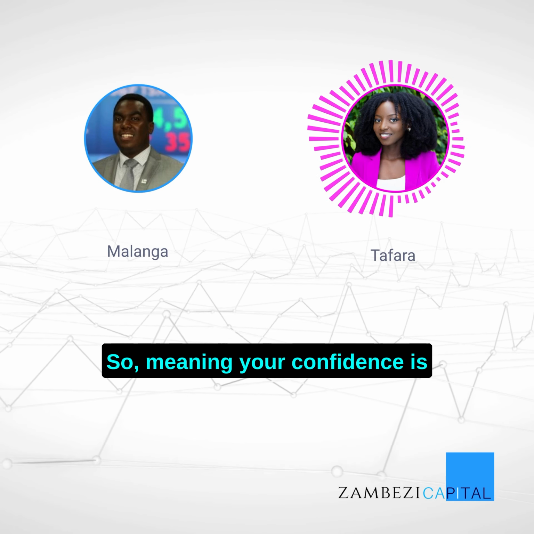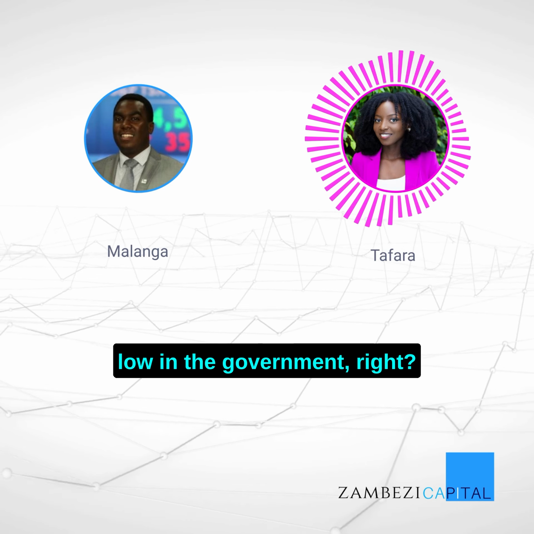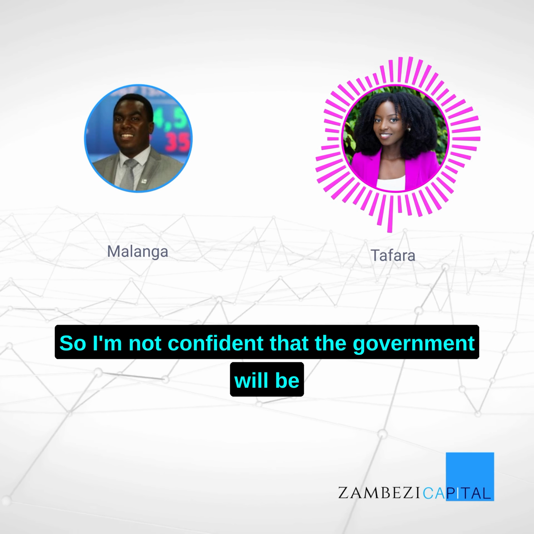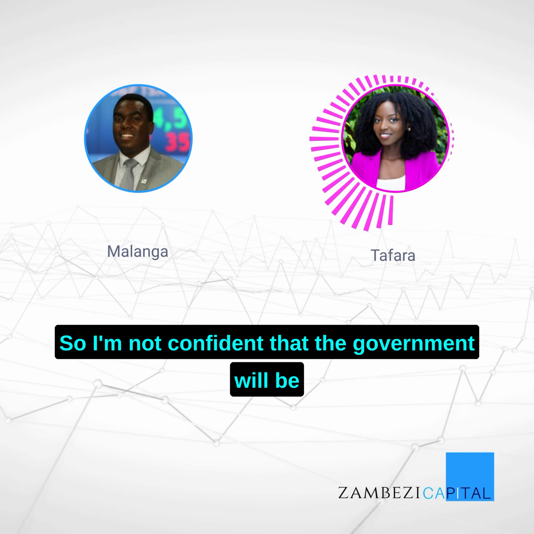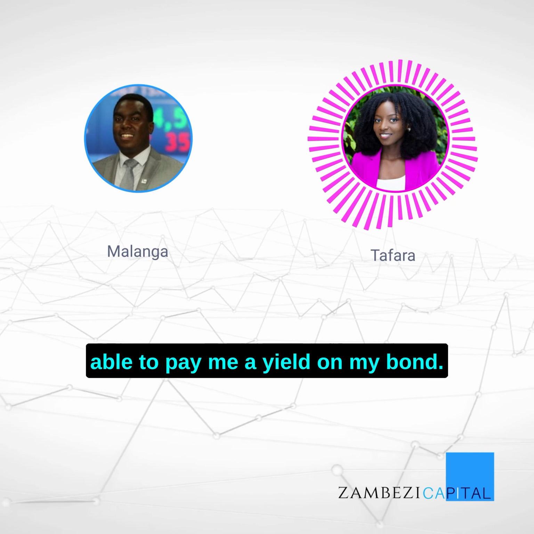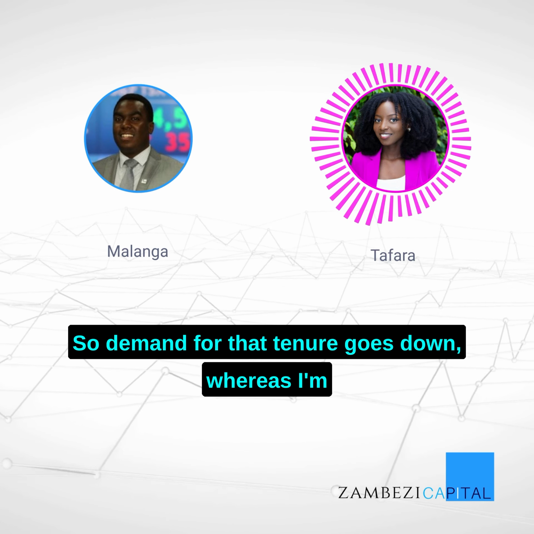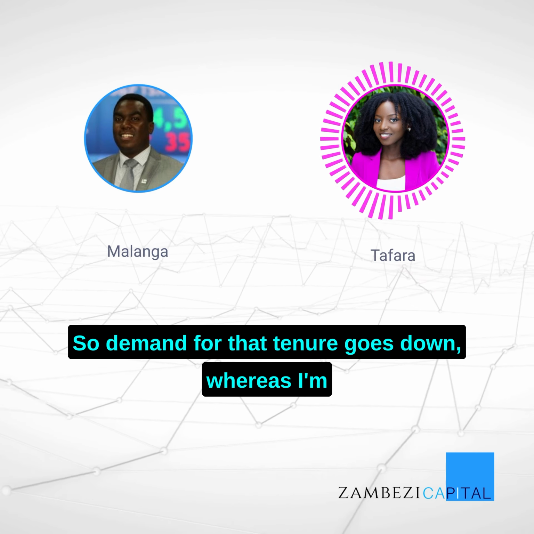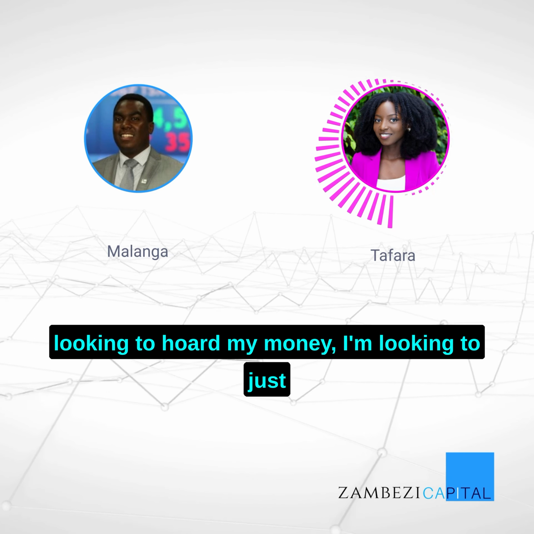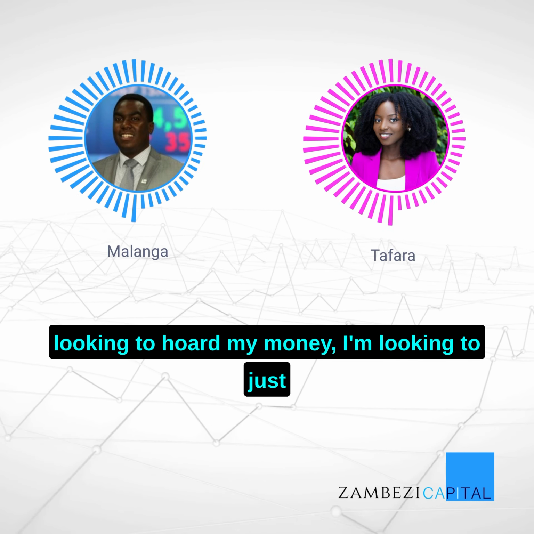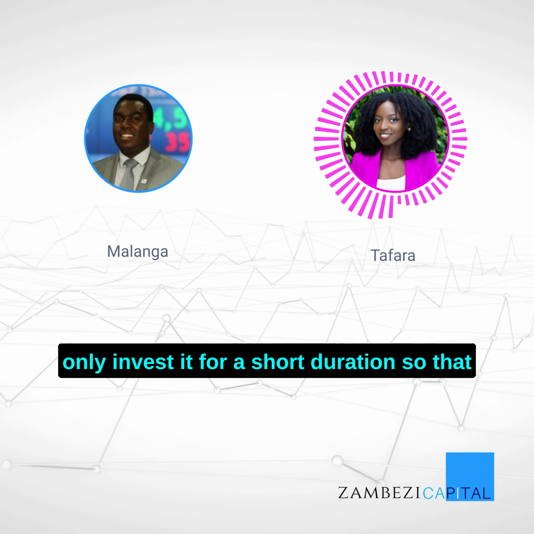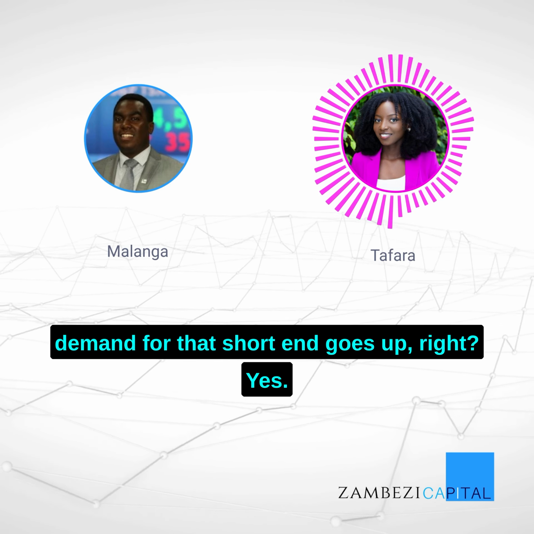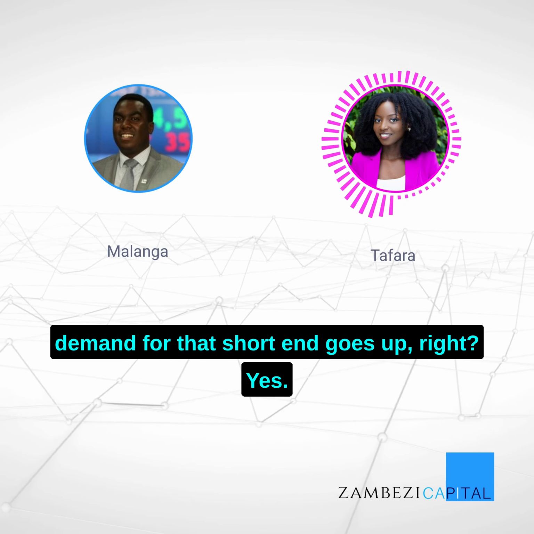So meaning your confidence is low in the government, right? I'm not confident that the government will be able to pay me a yield on my bond, so the demand for that tenure goes down. I'm looking to hoard my money, to invest it only for a short duration, so the demand for the short end goes up, right?